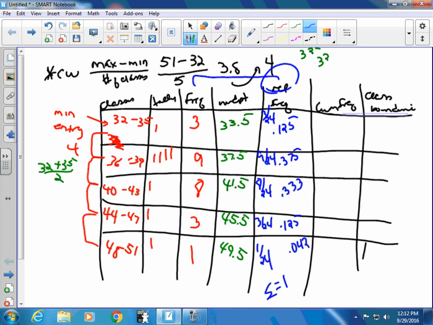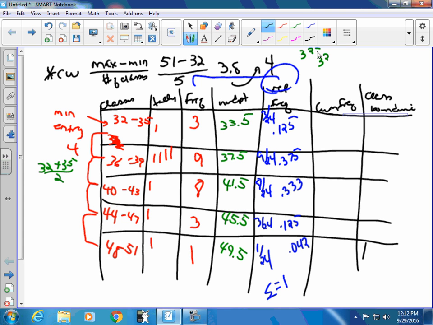We matched up. How do I find cumulative frequency? How do I calculate cumulative frequency? Elizabeth, you know how we calculate cumulative? What does cumulative mean? To accumulate, to keep adding to, right?